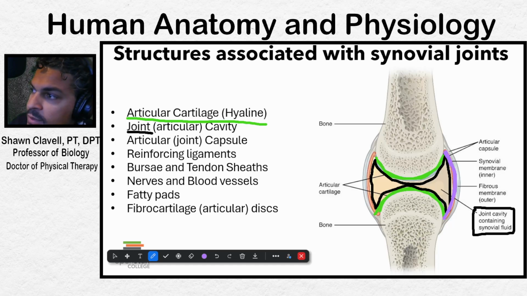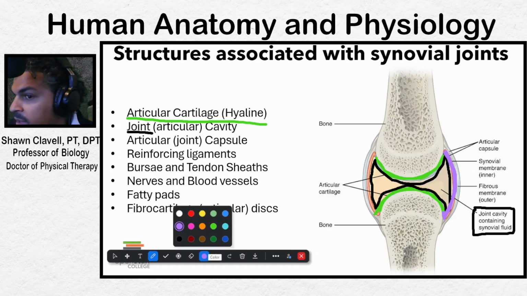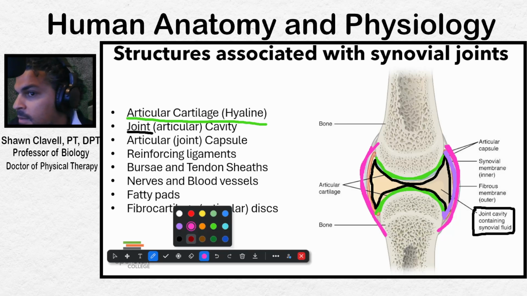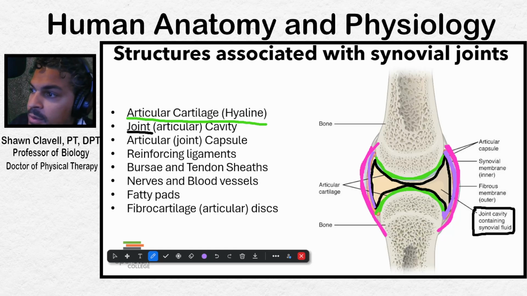So you've got synovial fluid that comes out of this component here, and then we'll make this part pink because it's a color consistent with that. This is the fibrous capsule. So ultimately, ligaments can articulate into this component here. So again, there's the outside, the fibrous component, and the inner synovial lining component right there.